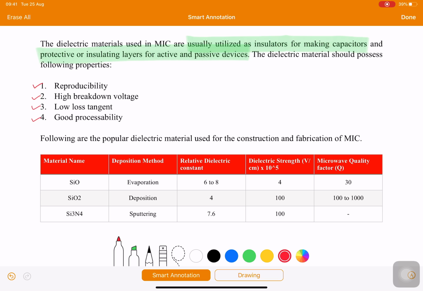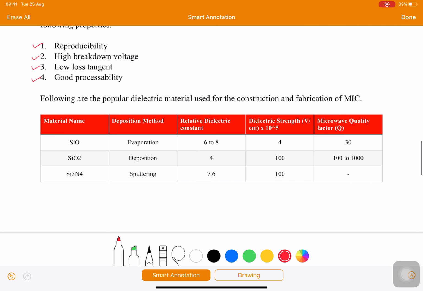So the typical different types of dielectric material popularly used in the construction of microwave integrated circuits are listed in this particular table. The commonly used dielectric materials for microwave integrated circuits are silicon oxide, silicon dioxide, and silicon nitride.